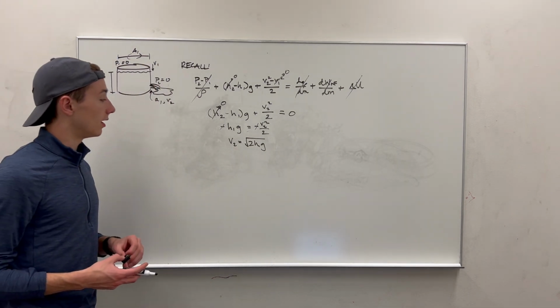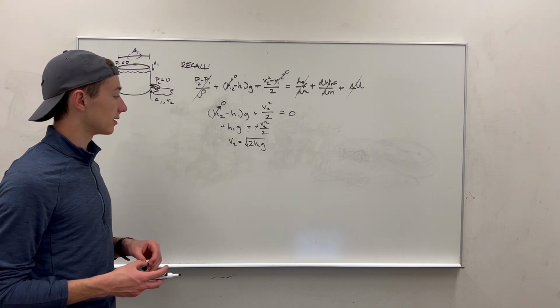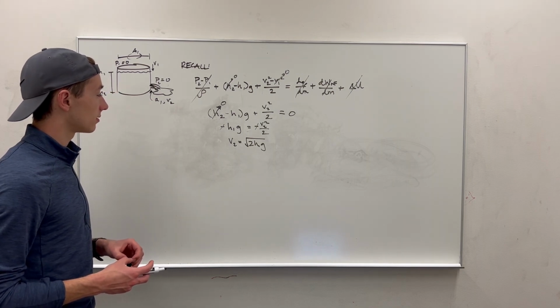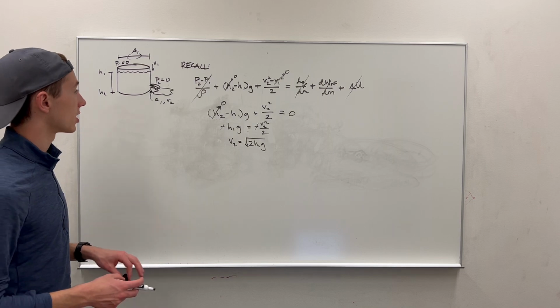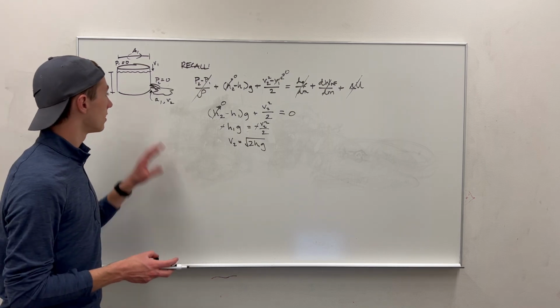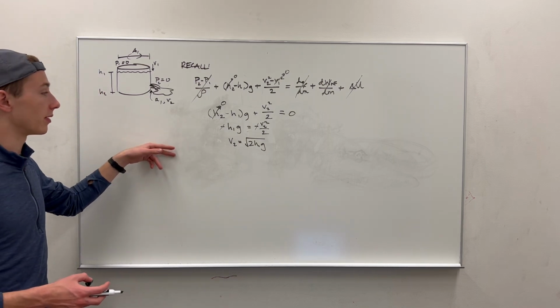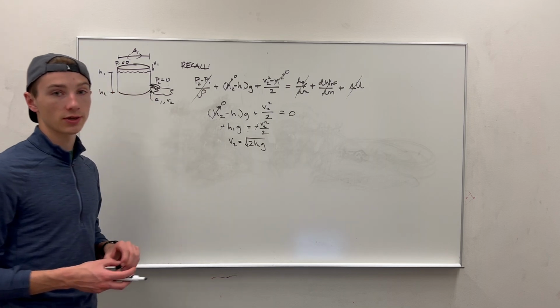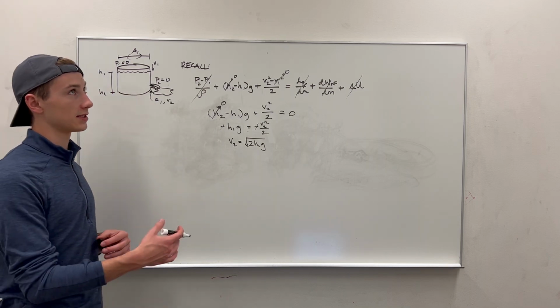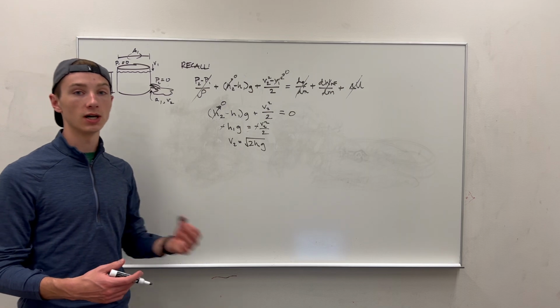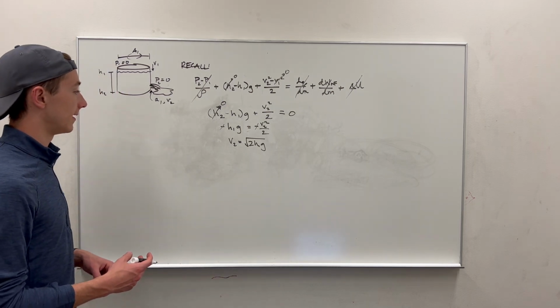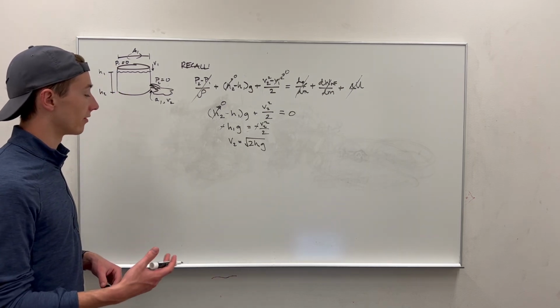Before we make it a little bit more complicated, let's talk about flow. There's a velocity of the water coming out, but that only describes the velocity, not the actual volumetric flow of the water, right?